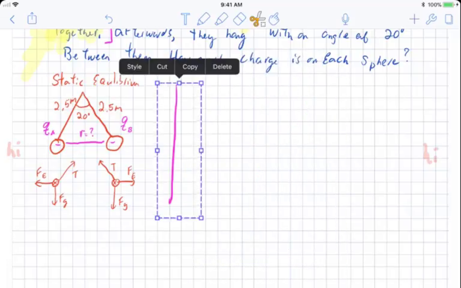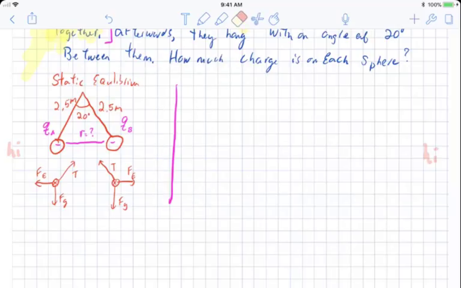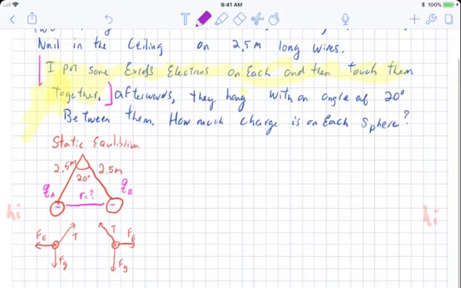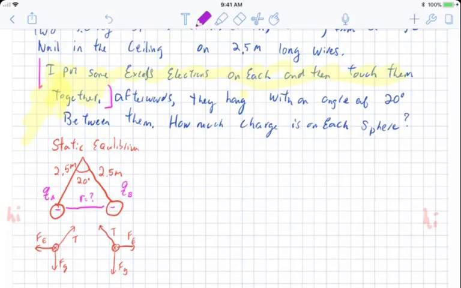That'll make doing it fairly easy, and that's why that particular sentence was in the question. So like I said, this is a question about statics, not static electricity specifically, although that's in it. It's about total force is equal to 0.